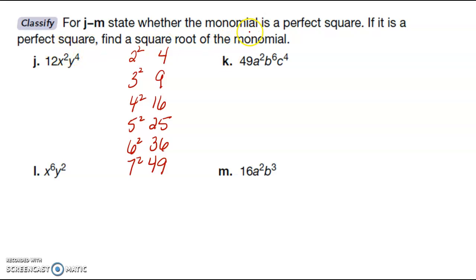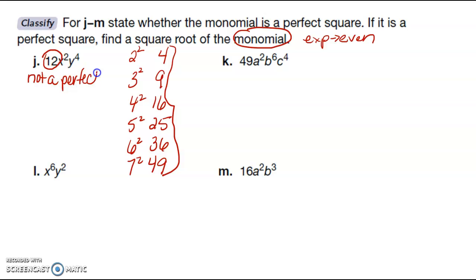Also, for the monomial to be a perfect square, all of the exponents have to be even. Okay? So it has to be one of these numbers, and all of the exponents have to be even. So here, this is not a perfect square because 12 is not a perfect square. So not a perfect square.